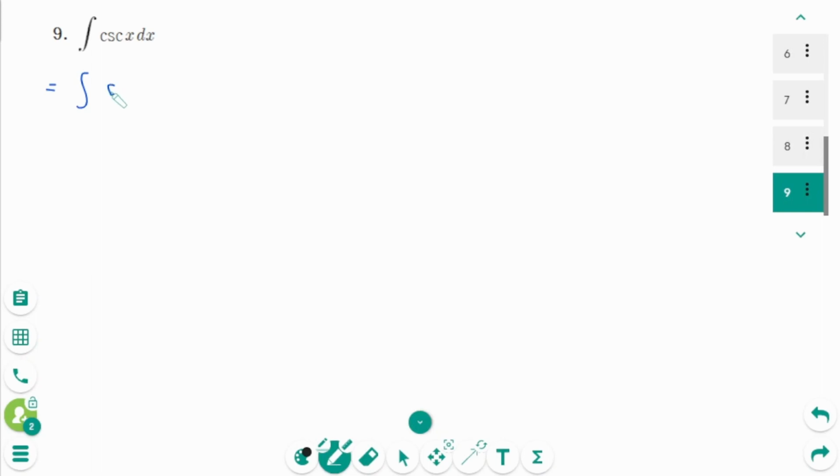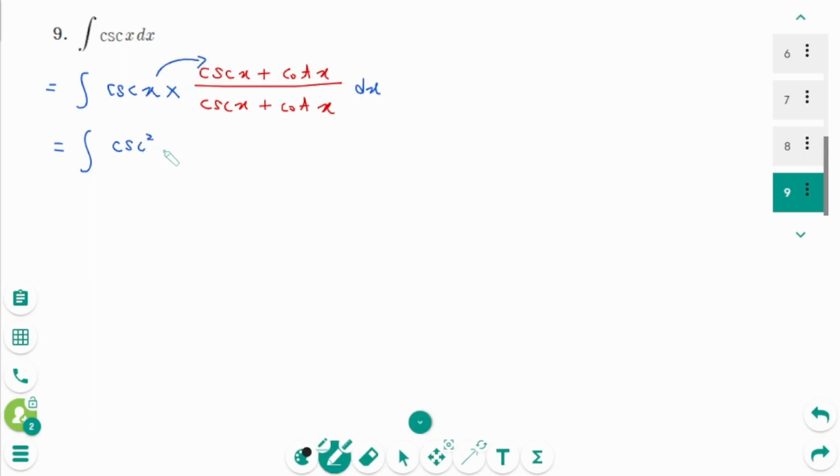So the integral of cosecant x times cosecant x plus cotangent x over cosecant x plus cotangent x dx equals the integral of, expand the numerator, cosecant squared x plus cosecant x cotangent x over cosecant x plus cotangent x dx. Now we can use U substitution.